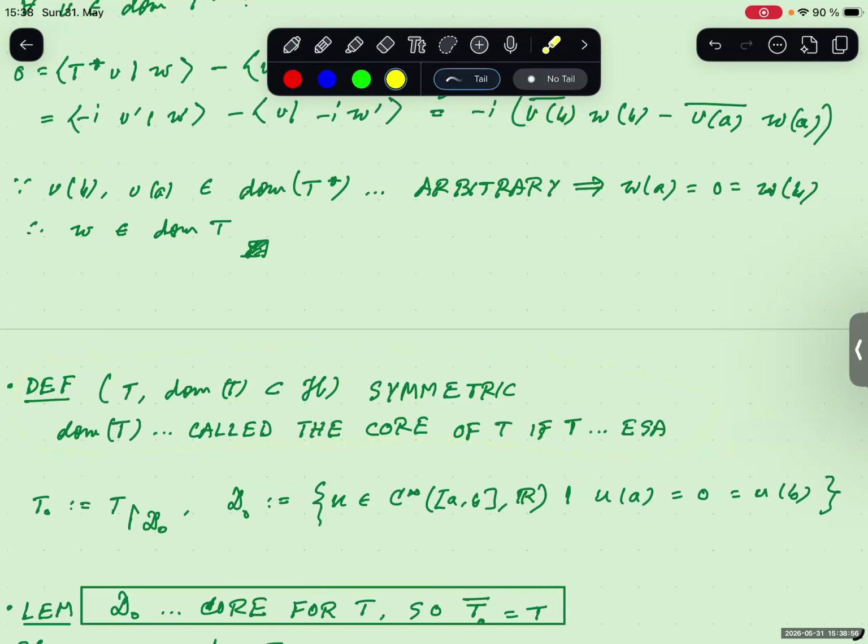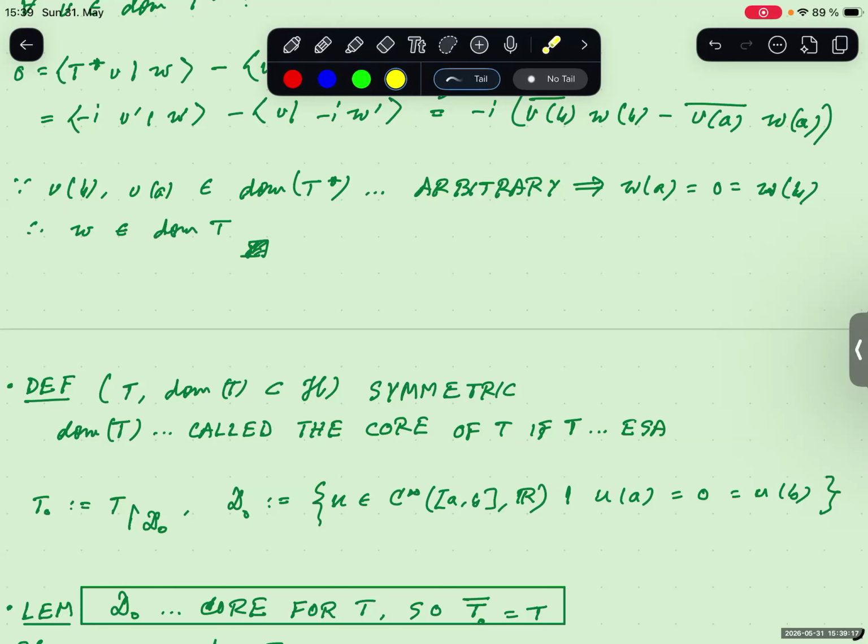So this definition says, suppose you have an operator which is symmetric on a particular domain. That's your setup. And then if you are able to show that it is essentially self-adjoint on this domain, then we will call this domain a core.